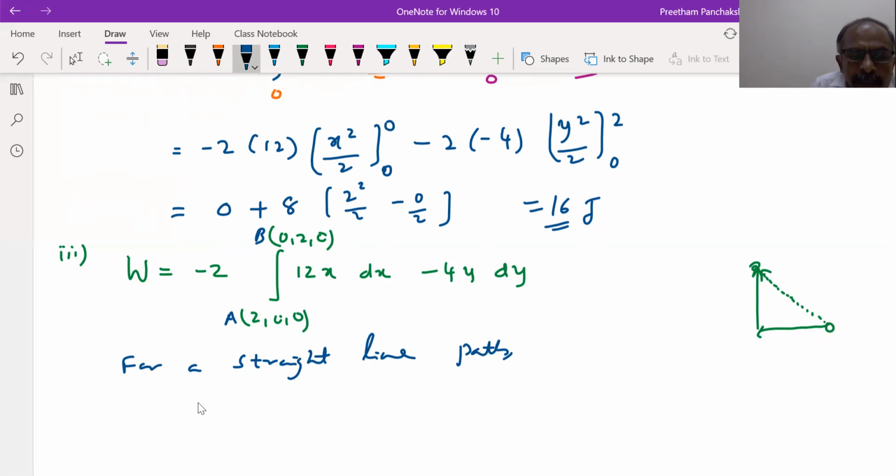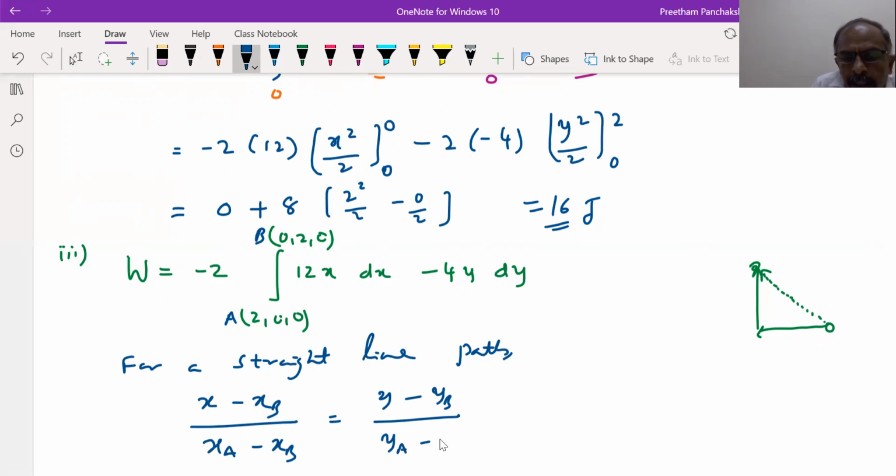For a straight line path, from the mathematics, we have a relation to prove that given points are lying on the straight line path: Z minus ZB divided by ZA minus ZB.